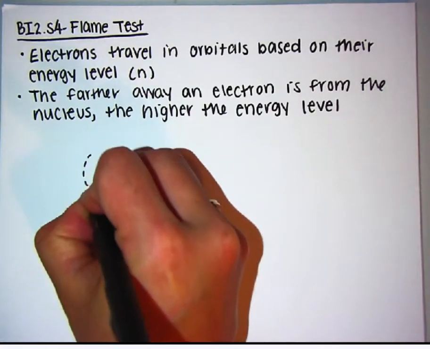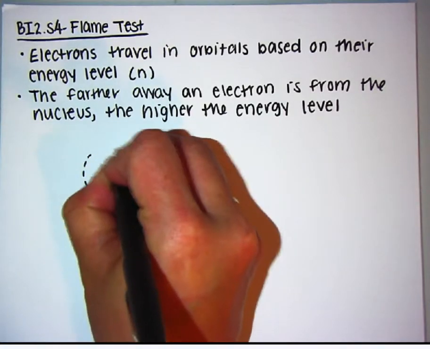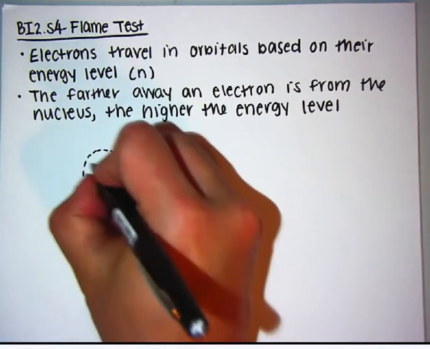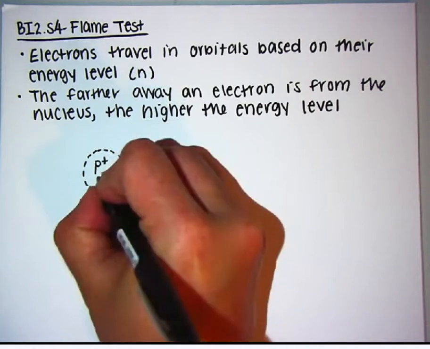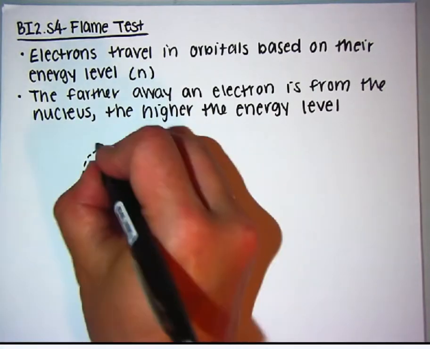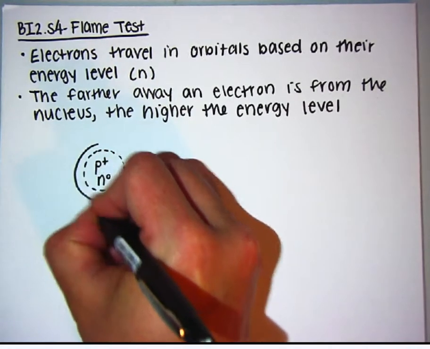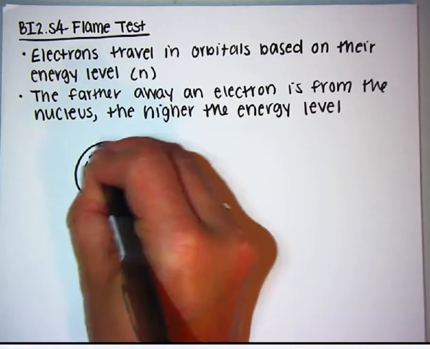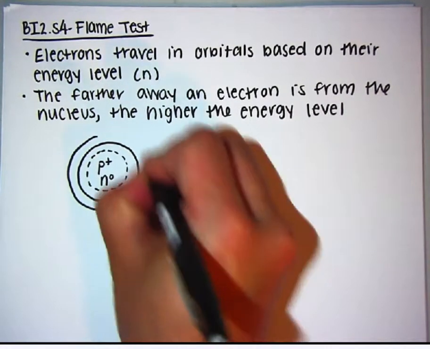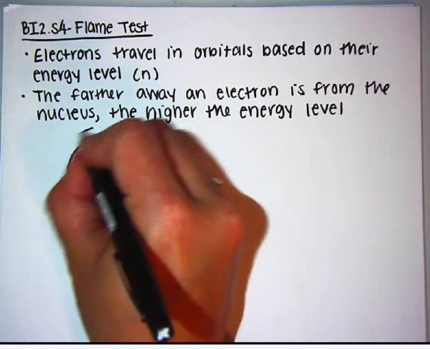So I'm just going to draw a quick Bohr diagram. This is just going to be for a generic atom. We know we have protons and neutrons located in the nucleus. And then we have our energy levels, and that's where we're going to find our electrons.